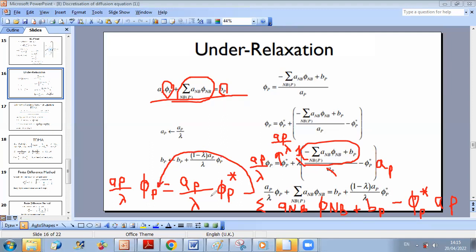And all constants, I will keep on the right side. The constant values are AP over lambda times phi P star, which is the old value. I have also BP, and I have minus phi star P AP.